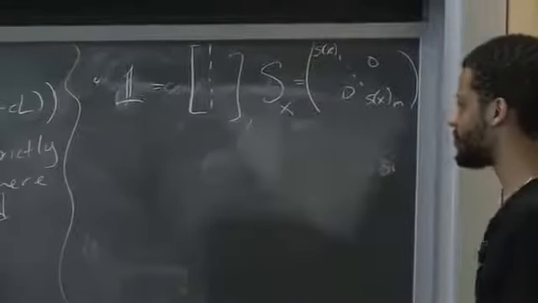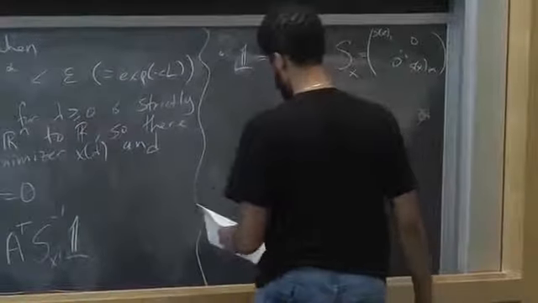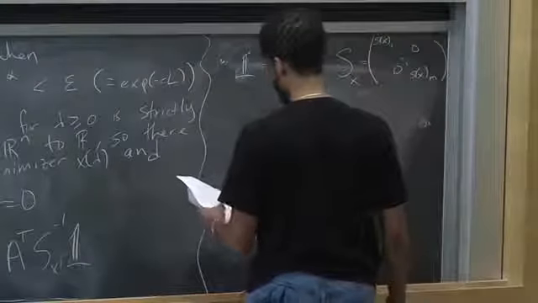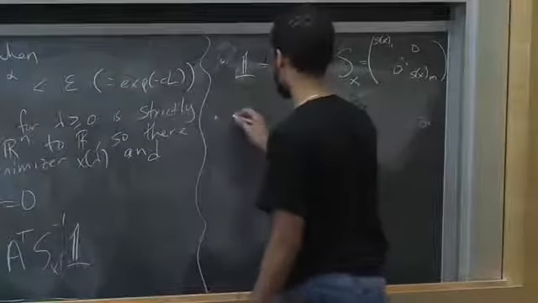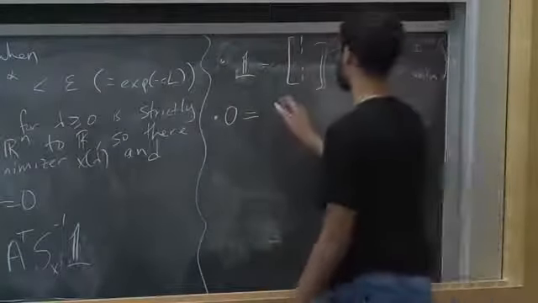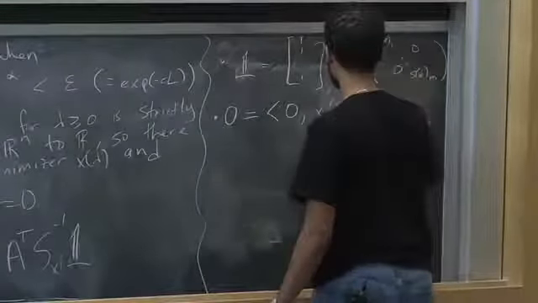Okay, good. So what do we have here? We have that 0 is equal to 0 dotted with x lambda minus x star.